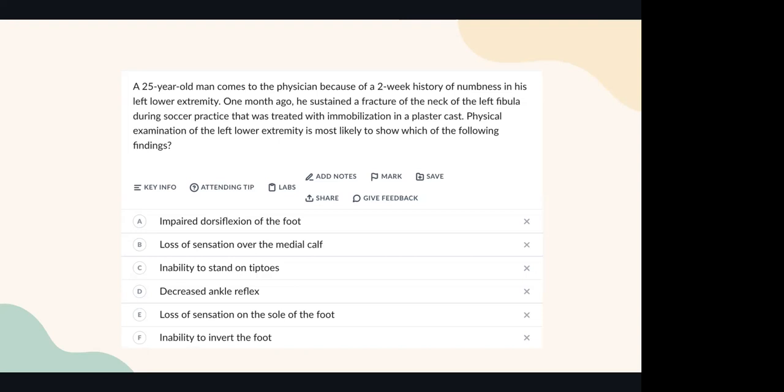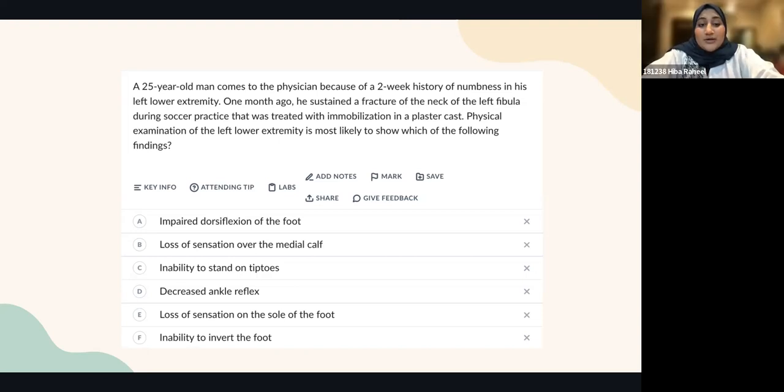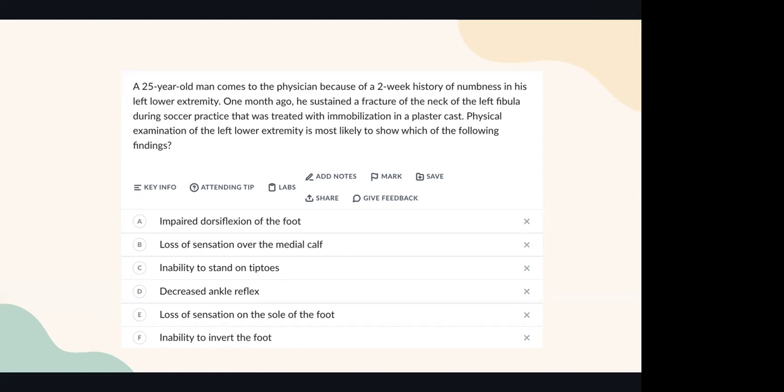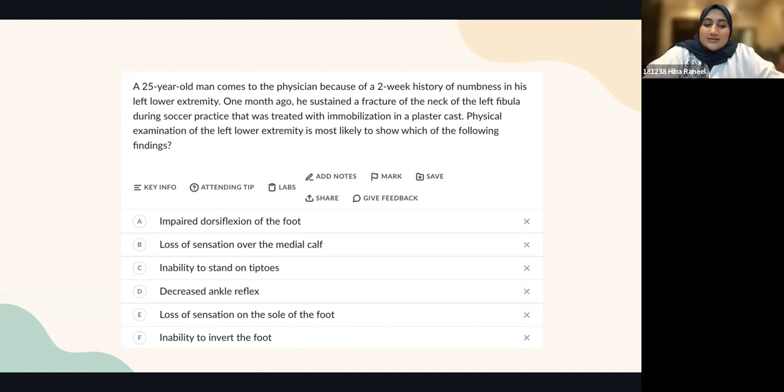It's impaired dorsiflexion of the foot. Yeah, very good. Impaired dorsiflexion of the foot, because the patient would have pronounced plantar flexion. They won't be able to dorsiflex their foot because they've damaged the muscles in the anterior compartment, and they also won't be able to evert it. Evert it, exactly. Excellent.